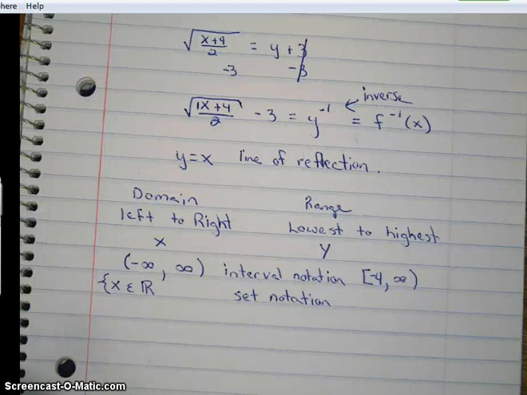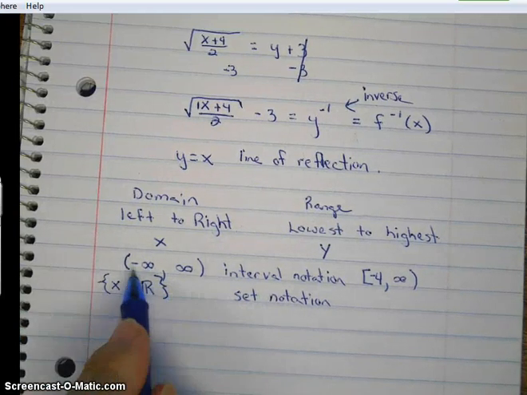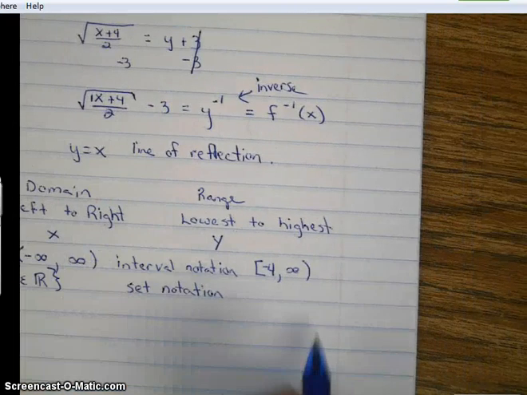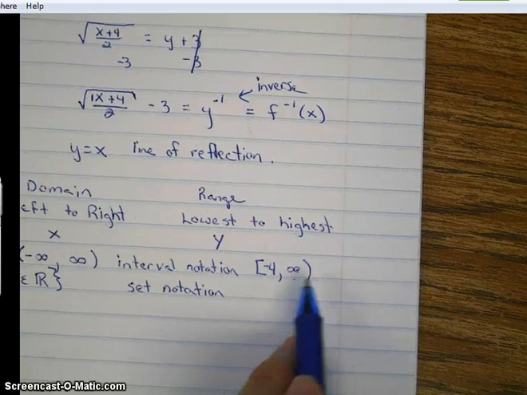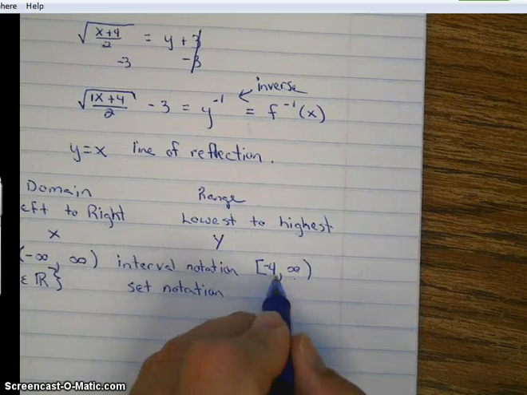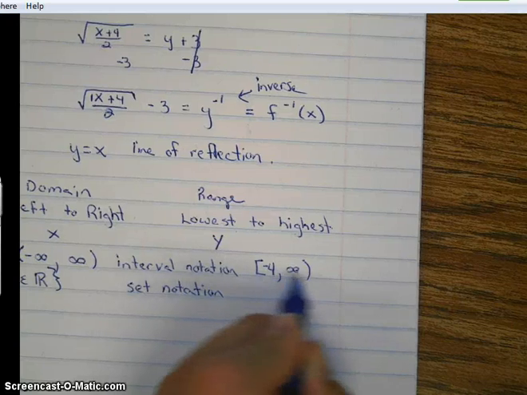So basically, that's all we have to write: that x is an element of all real numbers. Now over here, we can't say that encompasses all of them, so we're going to have to add a little something to be specific. But from -4 to infinity, that has real numbers.